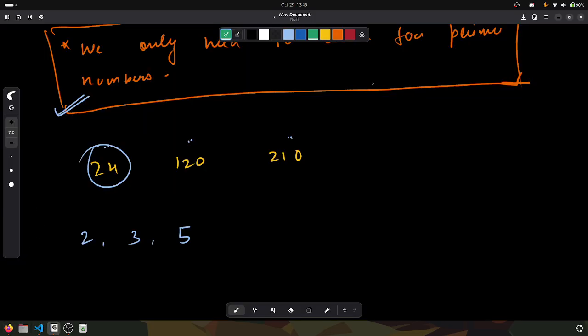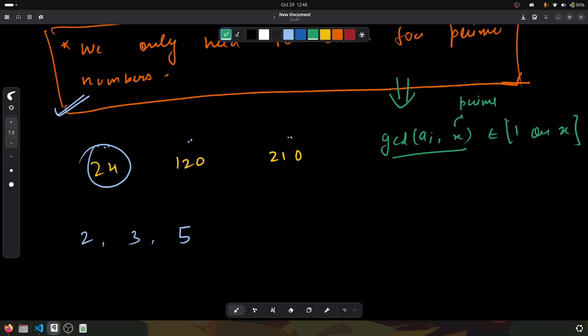Another thing that I can see from this is, if I follow this property, I can say that GCD of Ai comma x, where x is a prime number, can only be 1 or x, since x does not have any divisors. So basically, if there is a single number that is not a multiple of x in the array, then x will be the answer.